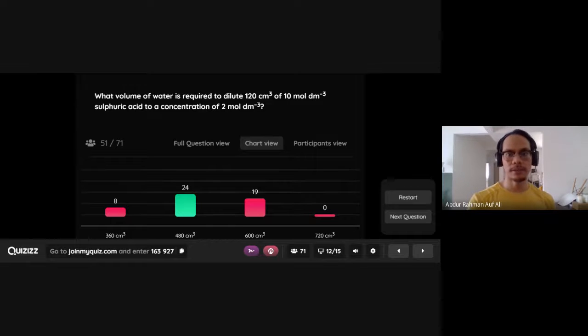So this is the data that we have from the problem statement. Dia suruh kita cari volume. So just solve for V2 sebab kita tak tahu V2 ni apa. From this equation, just rearrange. V2 equals to M1 V1 divided by M2. So M1 is 10 mole per dm cubic, darab dengan V1 which is 120 centimeter cubic and divide by 2 mole per decimeter cubic. So this is the answer lah.